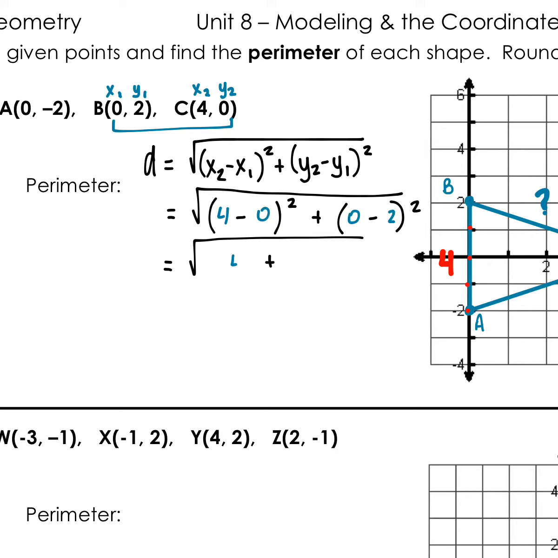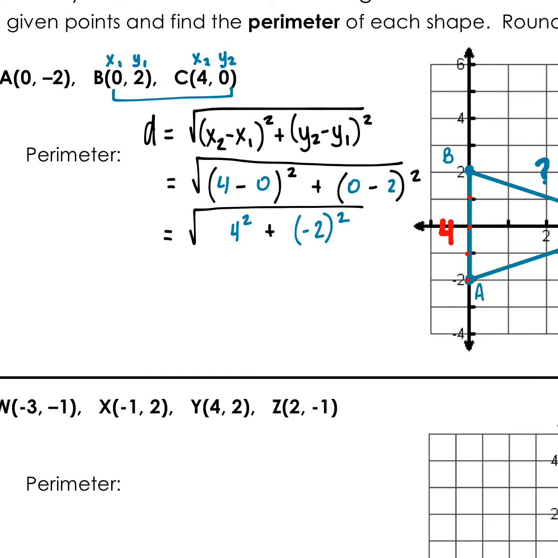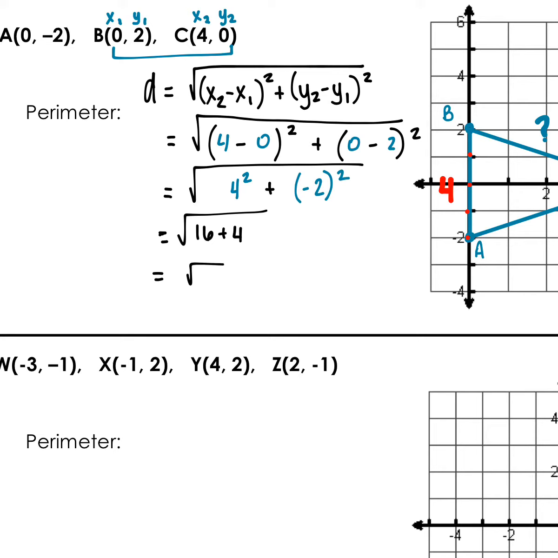So we've got 4 squared and negative 2 squared. Four squared is 16. Negative 2 squared is 4. So we get the square root of 20.